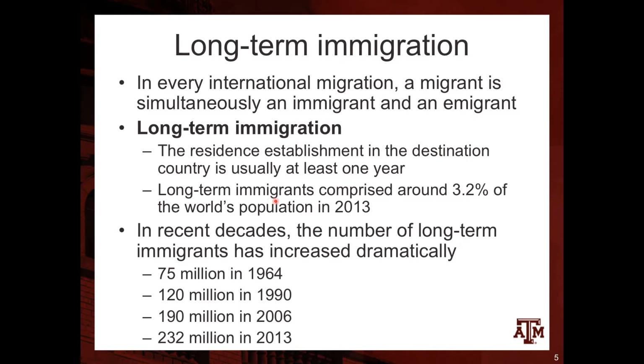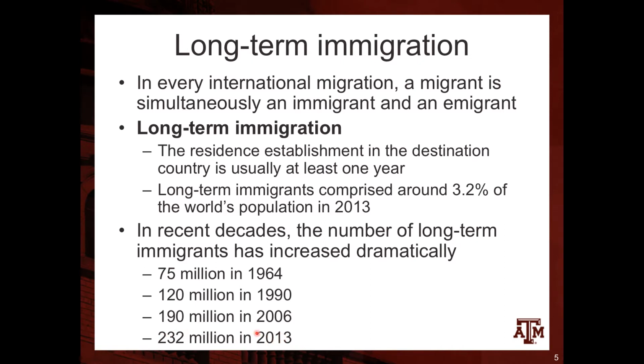And long-term immigrants comprised around 3.2% of the world's population in 2013. And in recent decades, the number of long-term immigrants has increased dramatically. So from 75 million in 1964 to 120 million in 1990, 190 million in 2006, and then 232 million in 2013.